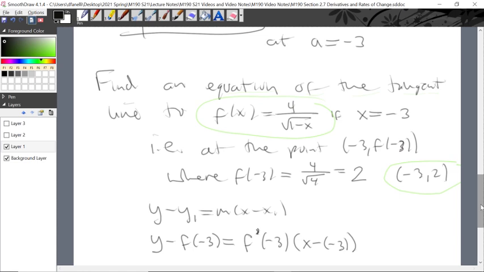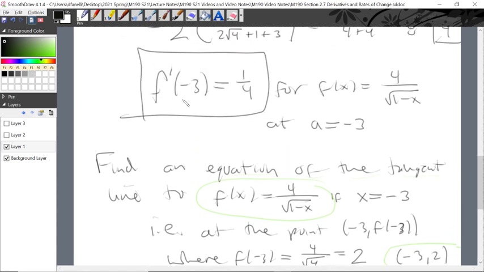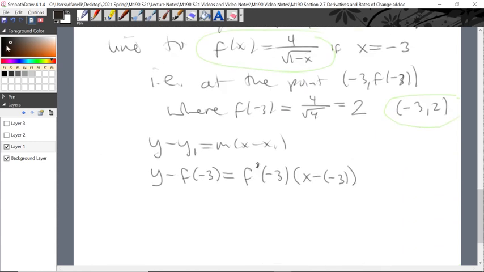Okay, so let's plug in what we know. We know that f prime of negative 3 is equal to 1/4. So that is the slope of the tangent line then.